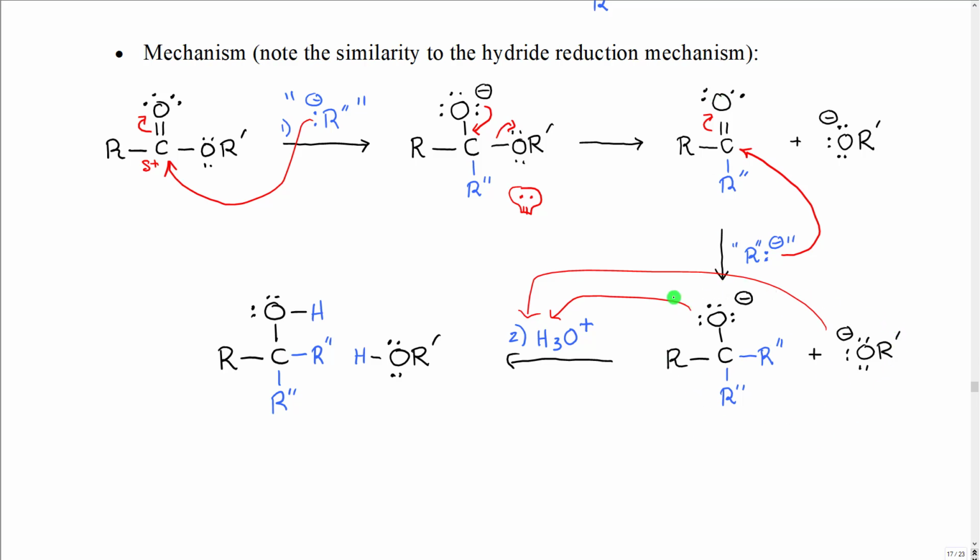And again, we're going to make another tetrahedral intermediate, which is going to be stable because it has only carbon groups attached in addition to the oxygen negative, and therefore there is no leaving group to push out. We can then, at a later time, once all of the ester has reacted, put in hydronium to protonate these two alkoxides, and there are our products.